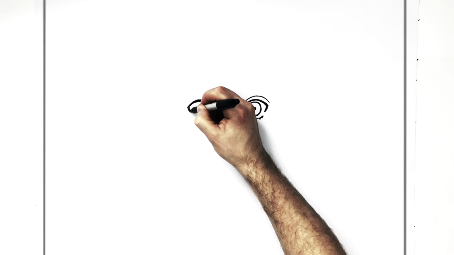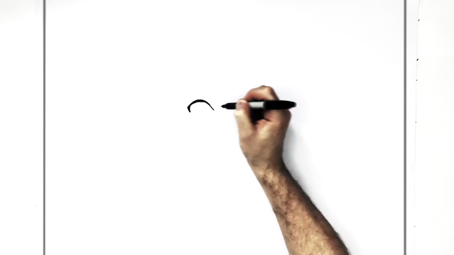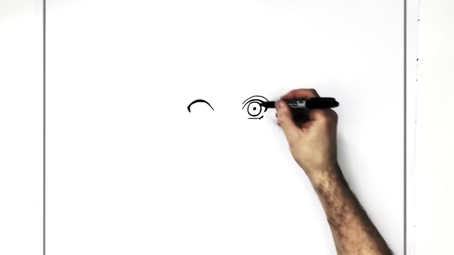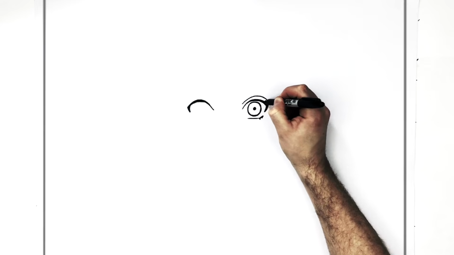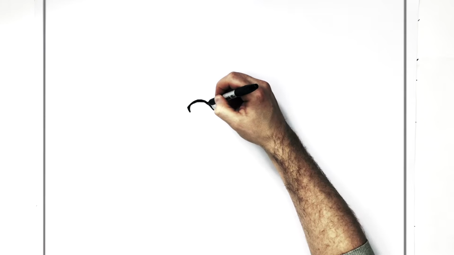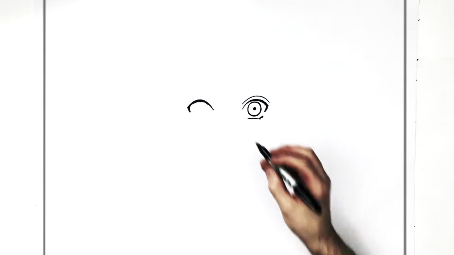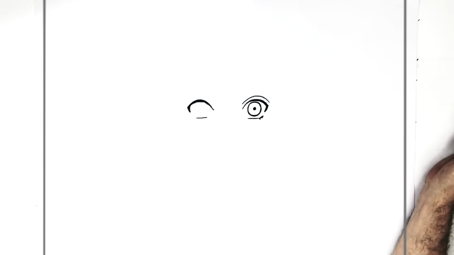And we got this spike coming down here. We'll try and even them up on both sides. And then the bottom eyelid, just there.